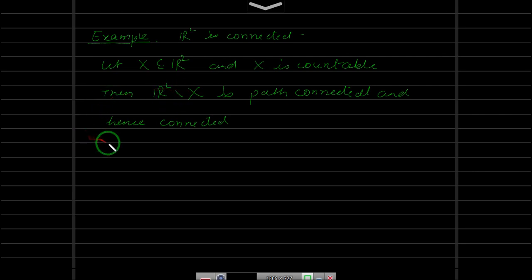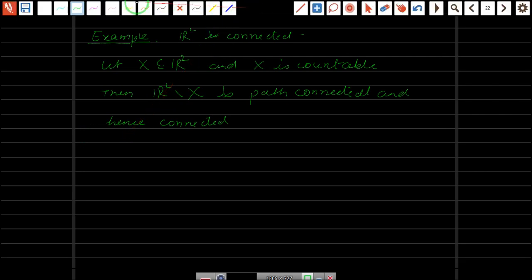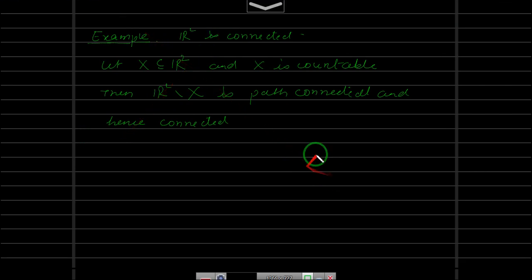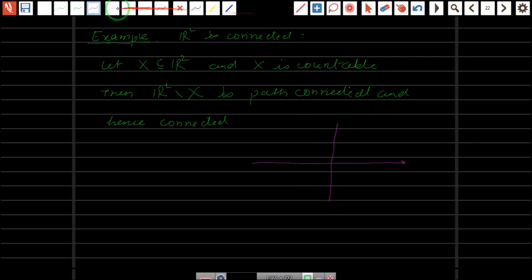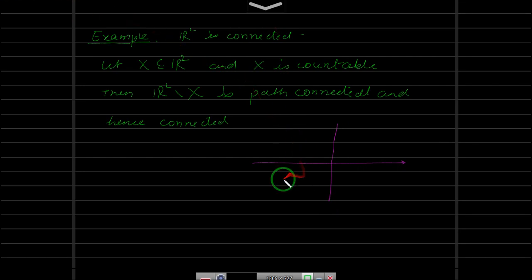Okay, as an example, let me just give a brief idea of how it will be. If we take this R2, R cross R, and if you take a countable set, some line which is countable. So given any point in R2 difference this X, since X is countable, there are uncountable points over here.